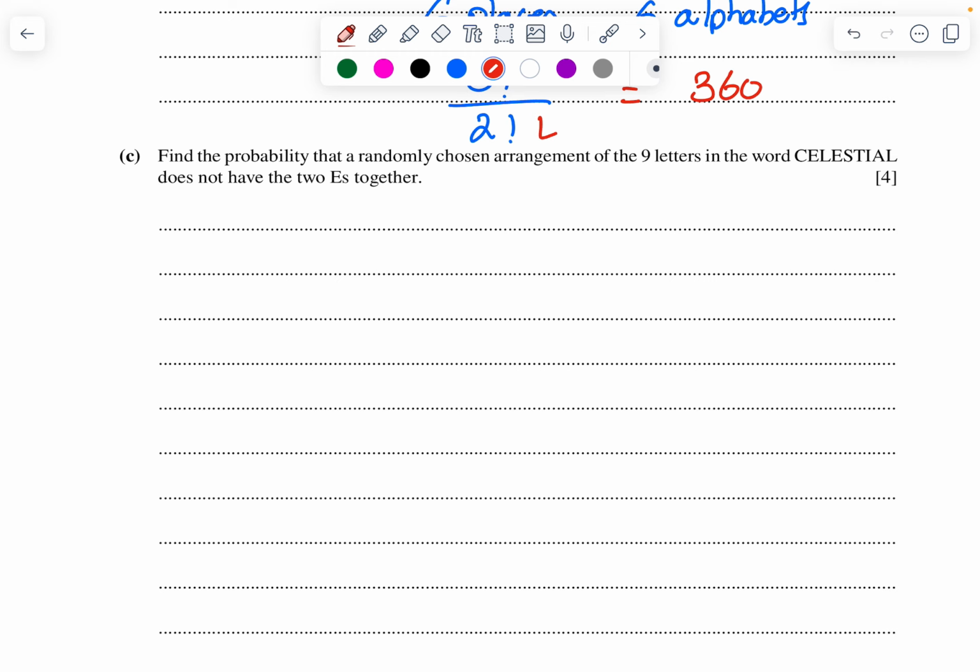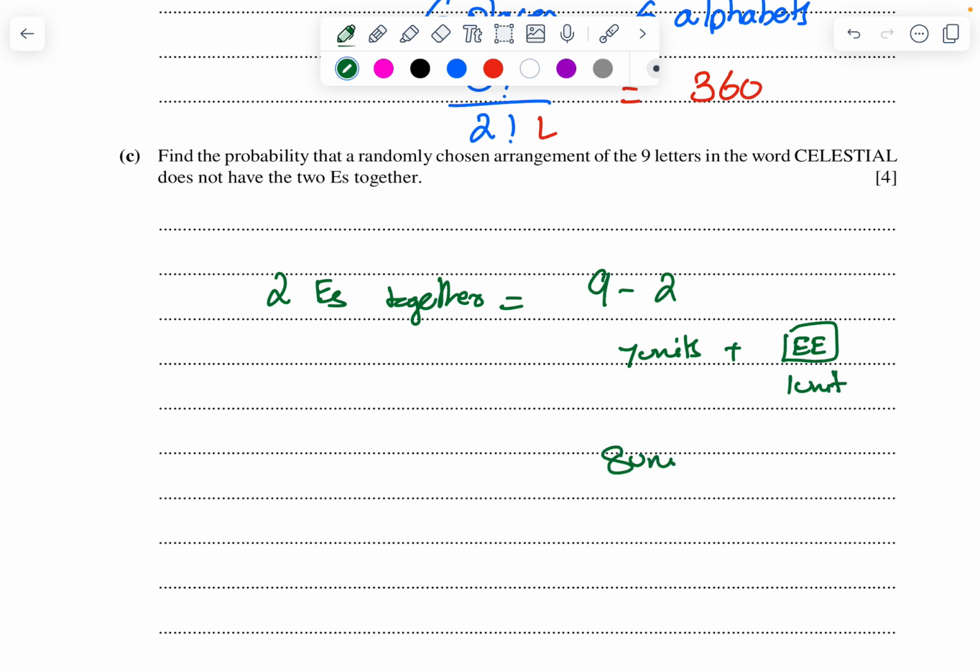Find the probability that a randomly chosen arrangement of the 9-letter word does not have the 2 E's together. What am I going to do? For 2 E's together, 9 minus 2 is 7 units, plus those 2 E's as 1 unit, so totally 8 units. 8 units can be arranged in 8 factorial divided by 2 factorial ways. This 2 factorial is for the 2 L's.